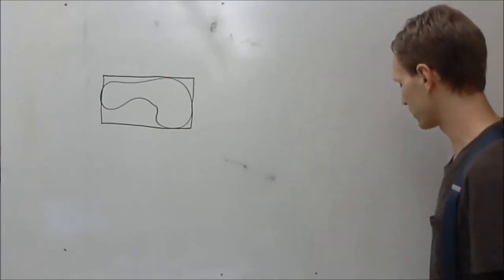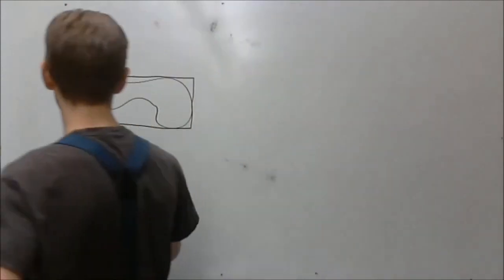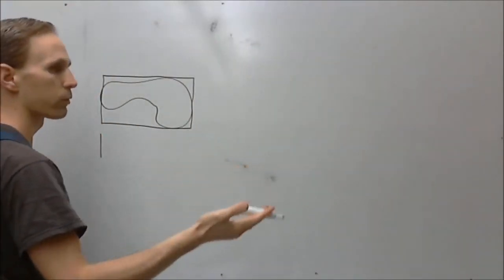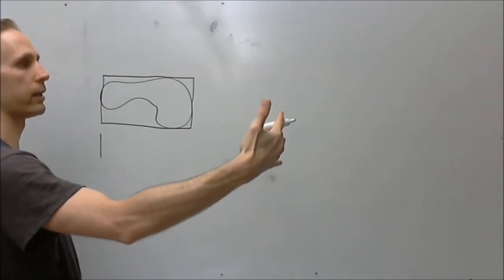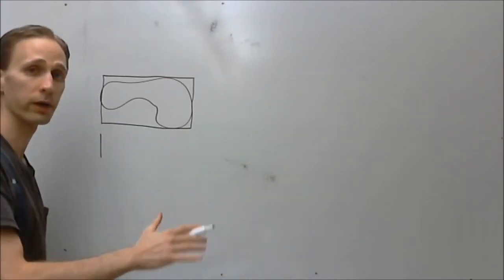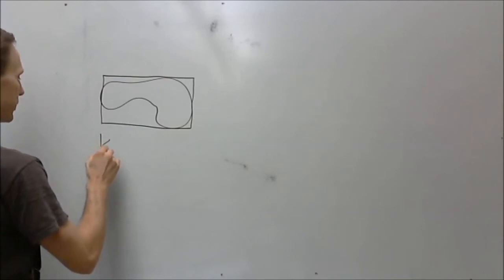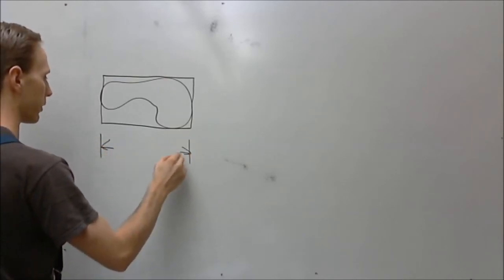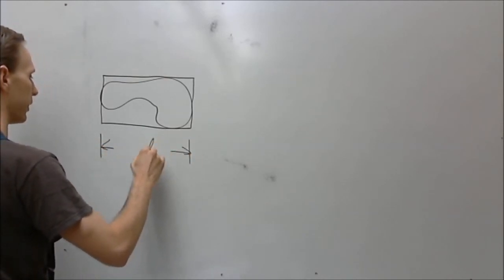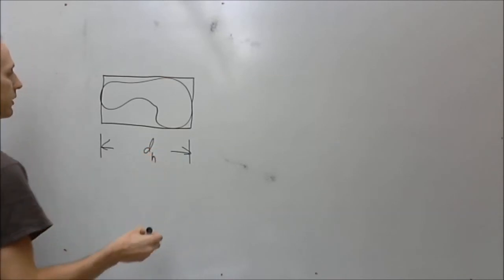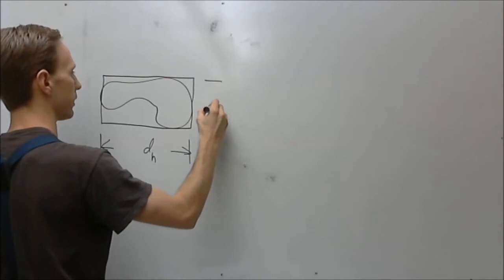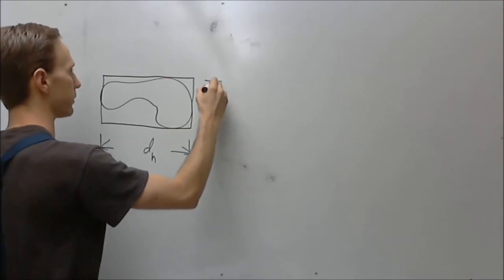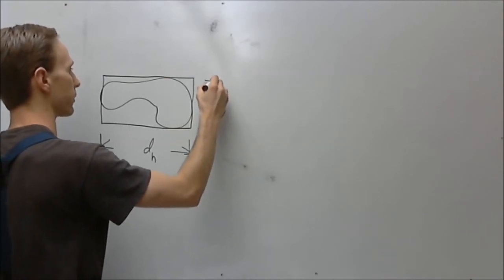Let's say that you have it just like this. No matter what figure you draw, you can definitely contain it in some non-square rectangle. So let's say that you draw some goofy looking figure, and we'll call this length dH for distance horizontal, and we'll call this dimension dV for distance vertical.